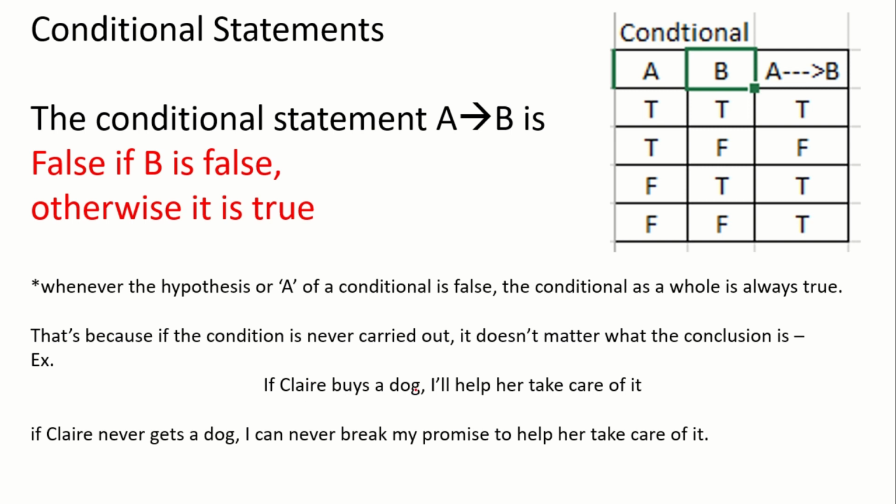If Claire never buys a dog, then I can never break a promise to help her take care of the dog, because there's no dog at all to take care of. So the conclusion doesn't matter. That is why in the last two rows it is true. Again, a conditional statement is only false if true implies false.